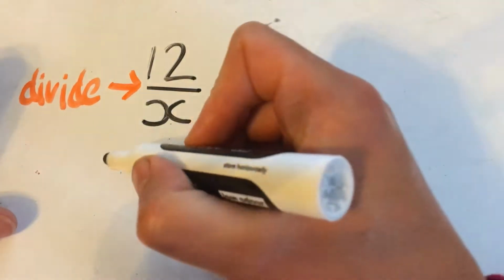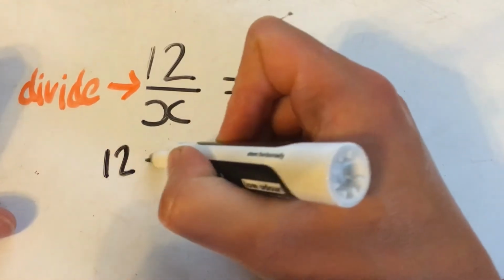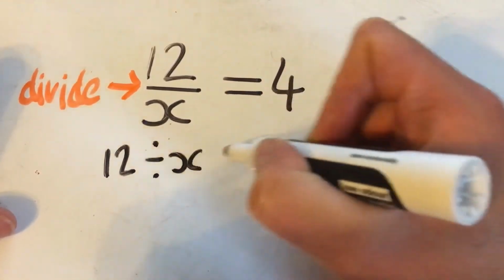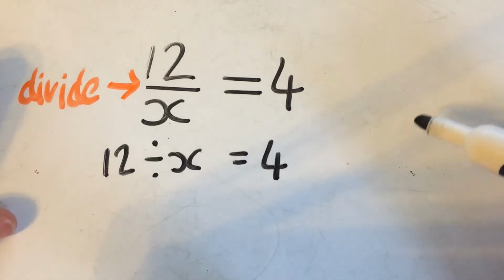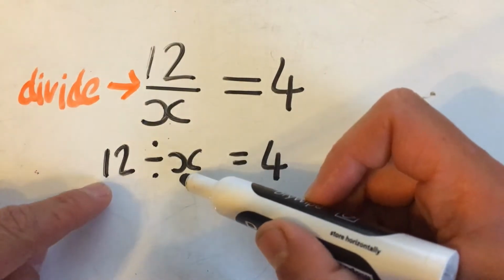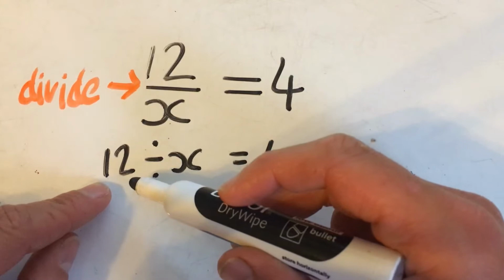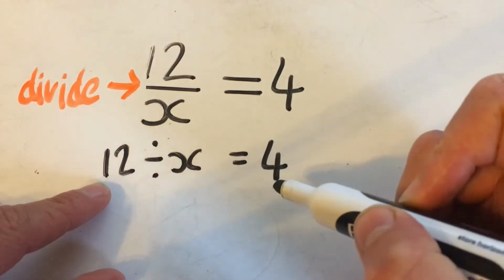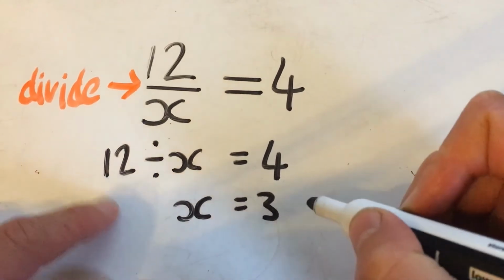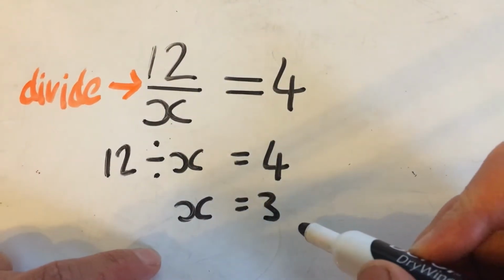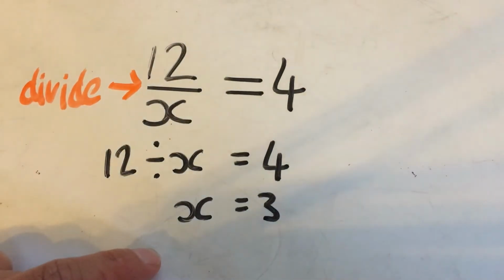We could rewrite it as this: 12 divided by x equals 4. So the question is, what do you divide 12 by to equal 4? And the answer, of course, is 3. So we can say x equals 3 as our answer.